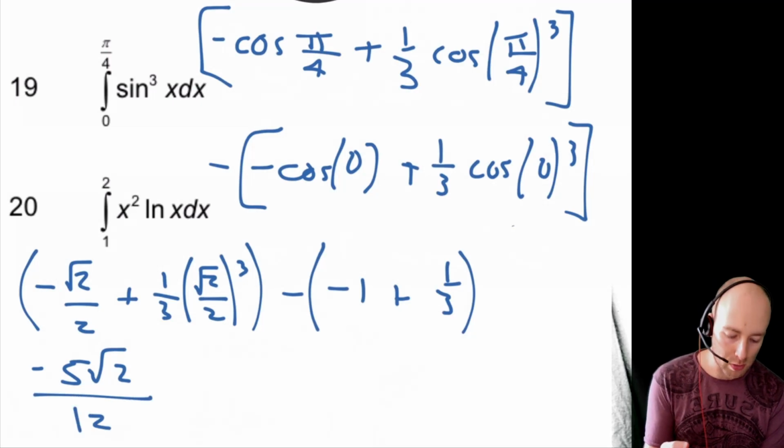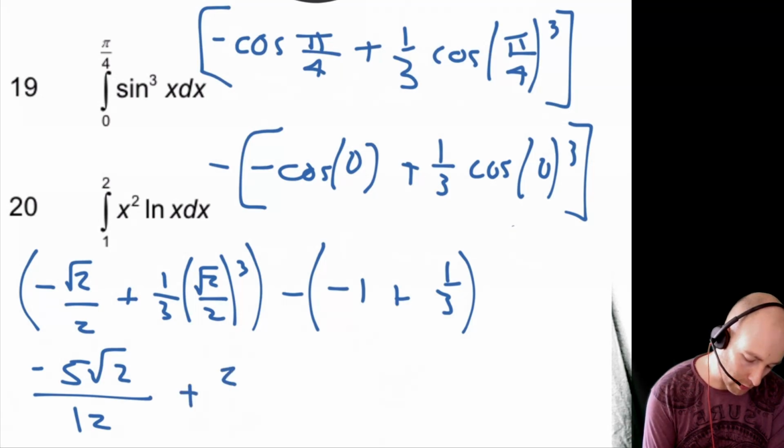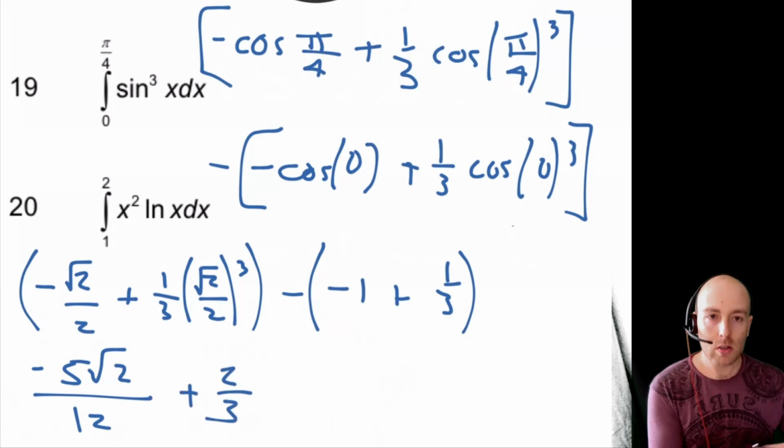Minus minus 1, which is plus 1. Plus a third, it's going to be plus 2/3. So we get that.